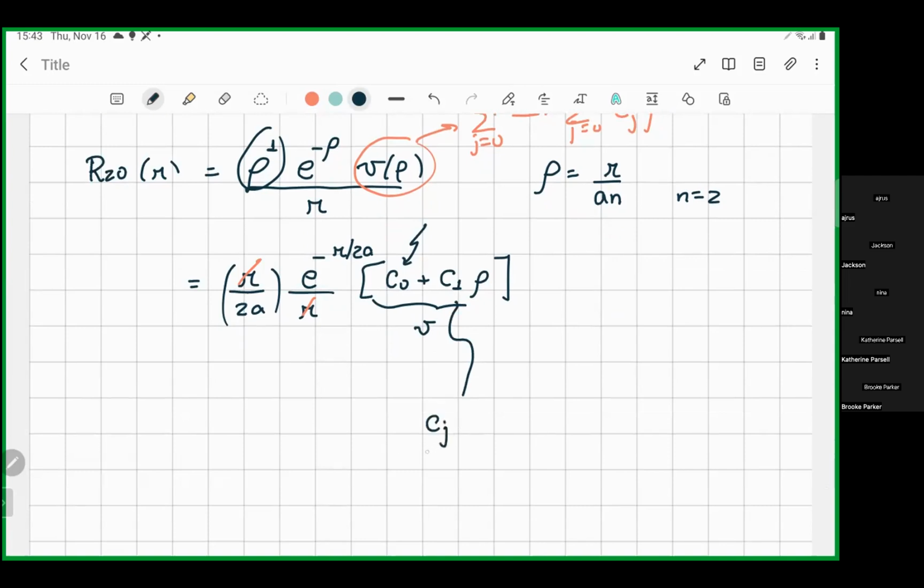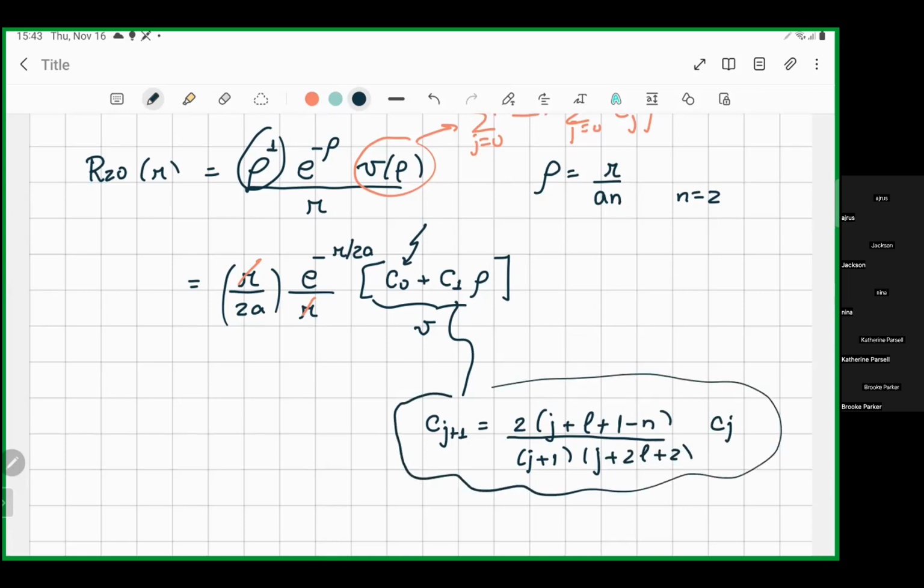If I want to get c_(j+1), what I have to do is 2, now I'm copying from the book, (j plus L plus 1 minus n), and then in the denominator (j plus 1) times (j plus 2L plus 2), times c_j. Okay, so this was the recursion formula that we talked about.